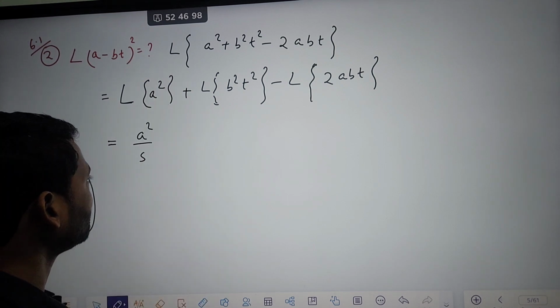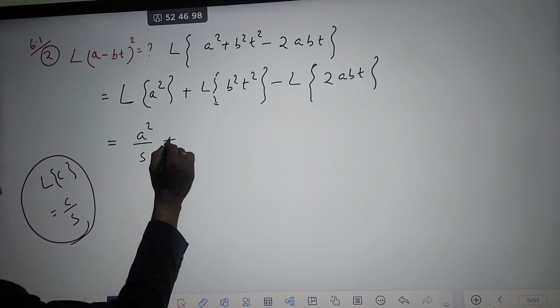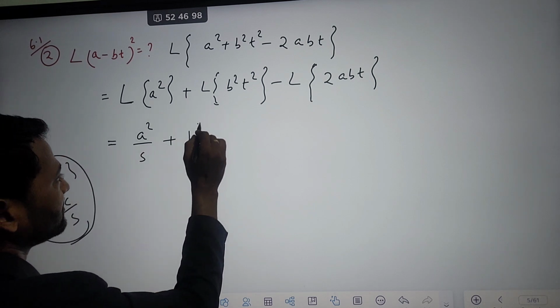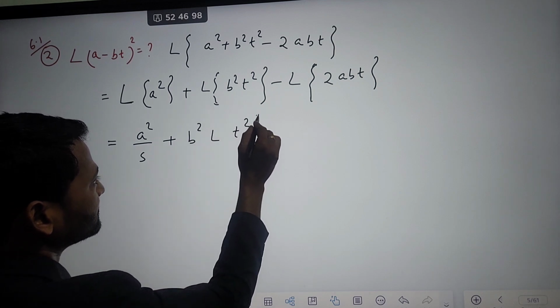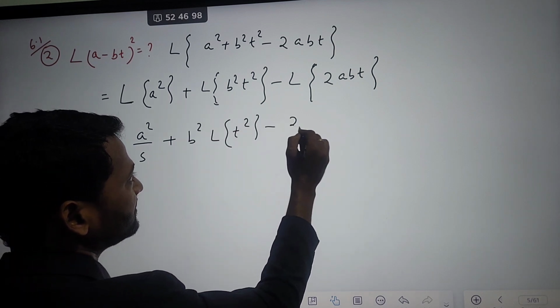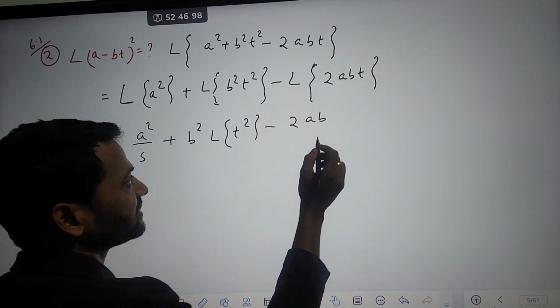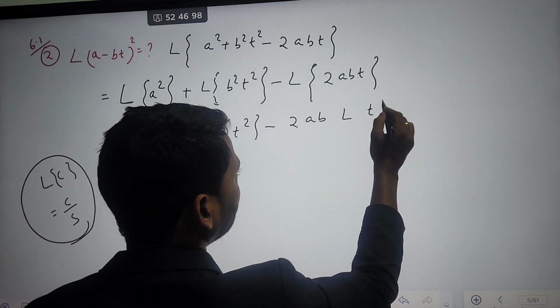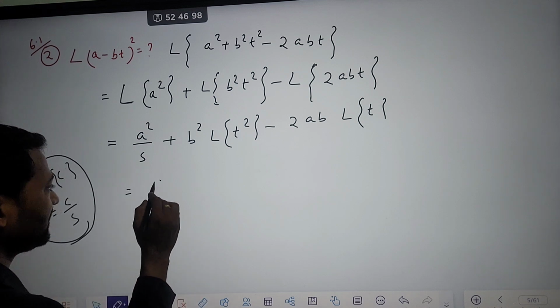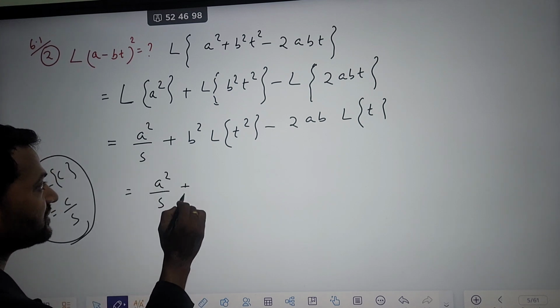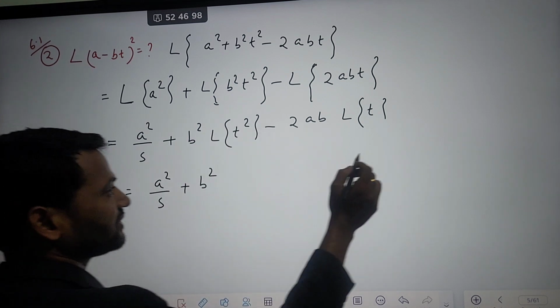So a square is constant, so it is a square by s plus b square is common, so take the constant outside, then Laplace of only t square, minus 2ab is constant, then only take Laplace of t. Then I can write a square by s plus b square. Laplace of t square is what?